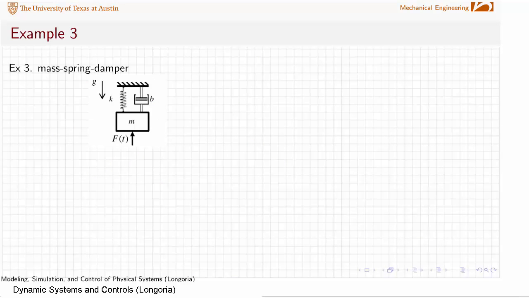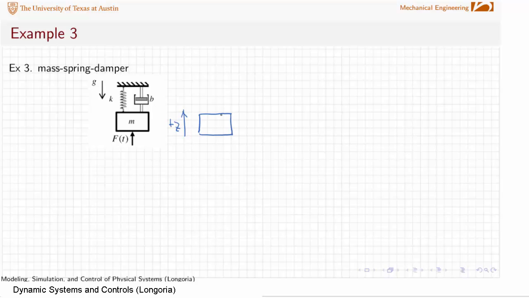Let's now use the basic mass spring damper system to illustrate a few of the methods that we're going to be using in the rest of this course. We have a mass here, so let's go ahead and begin by drawing a free body diagram. I'm going to have a positive z-axis here in the vertical direction.